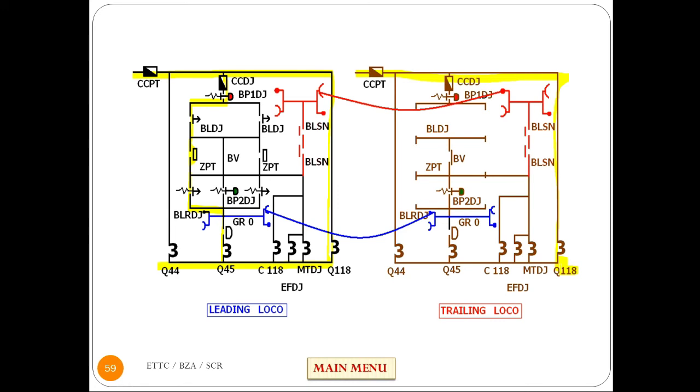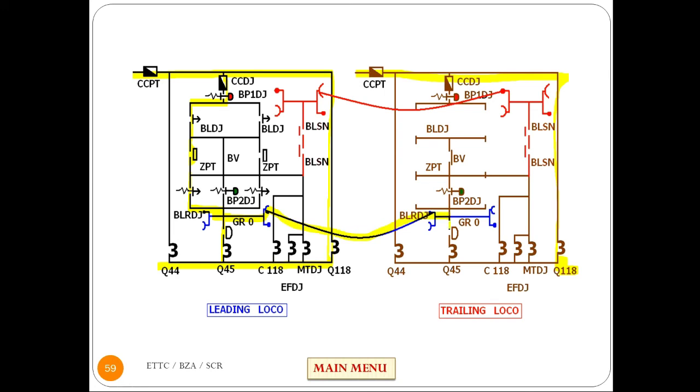Whenever you are closing the BLRDJ, the supply to Q45 goes through the jumper cables to the rear loco Q45 branch. That is, along with the leading loco Q45, the trailing loco Q45 is also energizing.